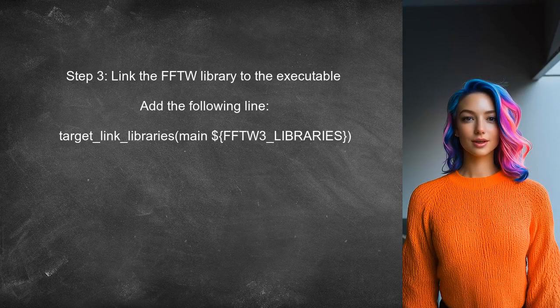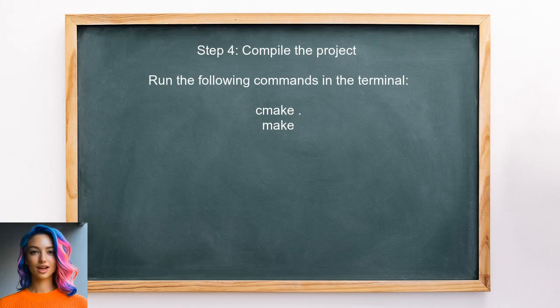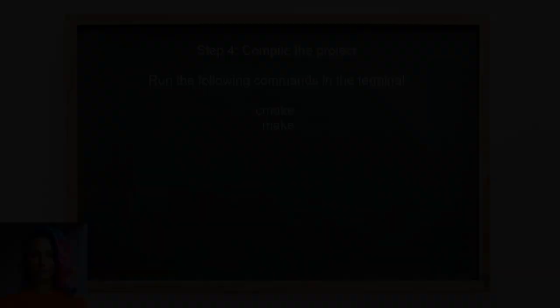After that, the user should link the FFTW library to their executable. This is done by adding the target_link_libraries command in the CMakeLists.txt. Finally, the user should run CMake and make commands again to compile the project. This will ensure that the FFTW library is properly linked and the undefined reference errors are resolved.